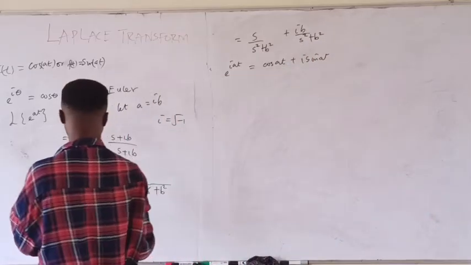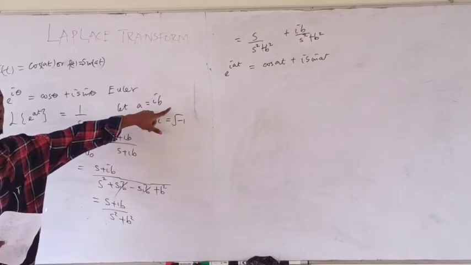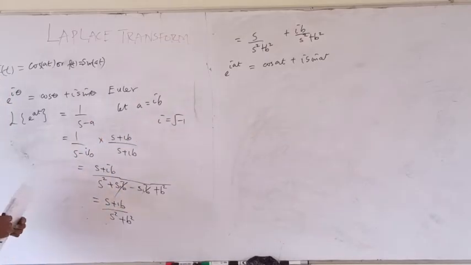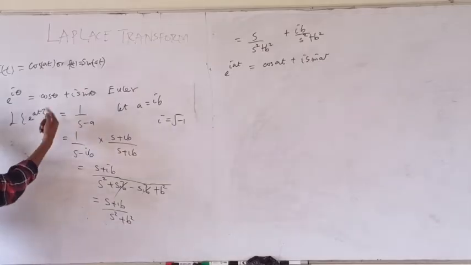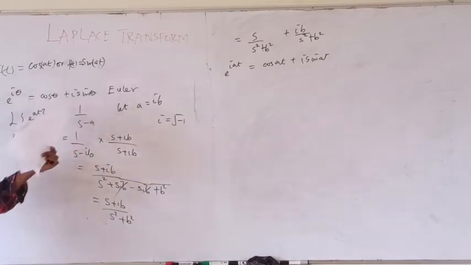Because from what I did earlier, I assumed that a is equal to ib, which is to say I turned this function into the Laplace of exponential of ibt. This is what I turned this Laplace into.